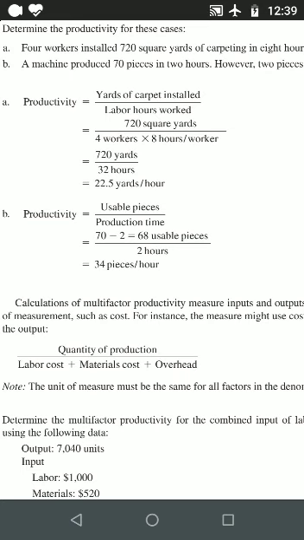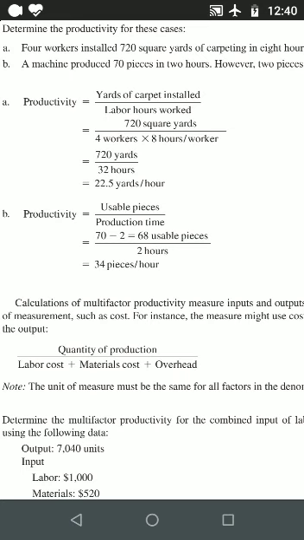So in this case, the output is 720 square yards of carpeting. These 4 workers can do the carpeting of 720 square yards of area. So that is the output. And these 4 workers have to work for 8 hours to produce this output.